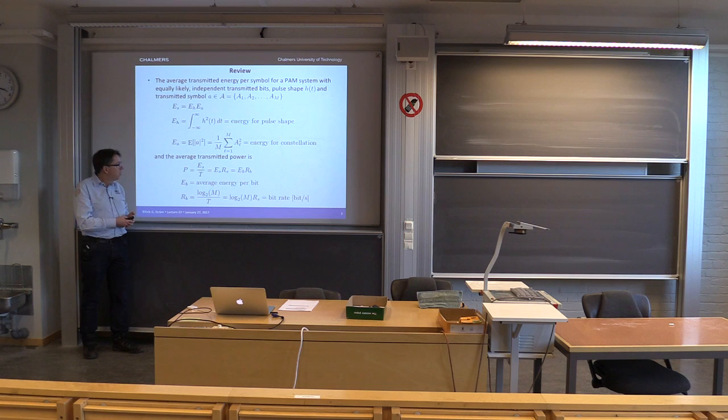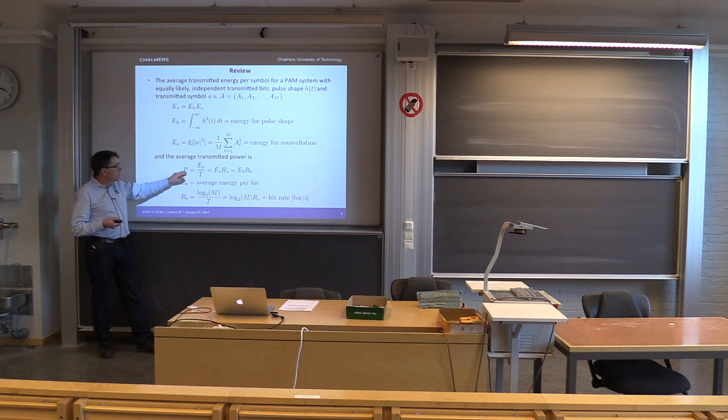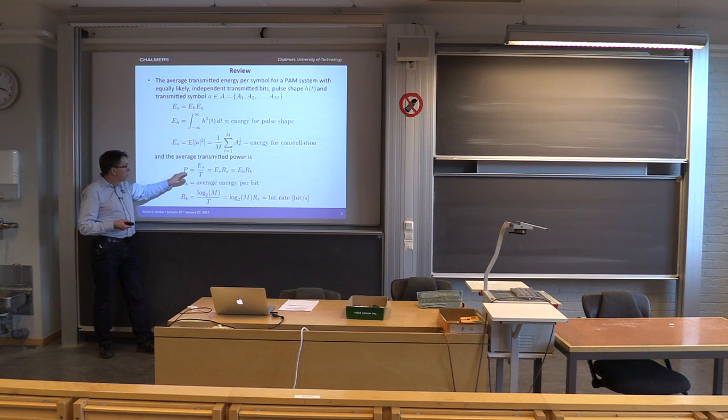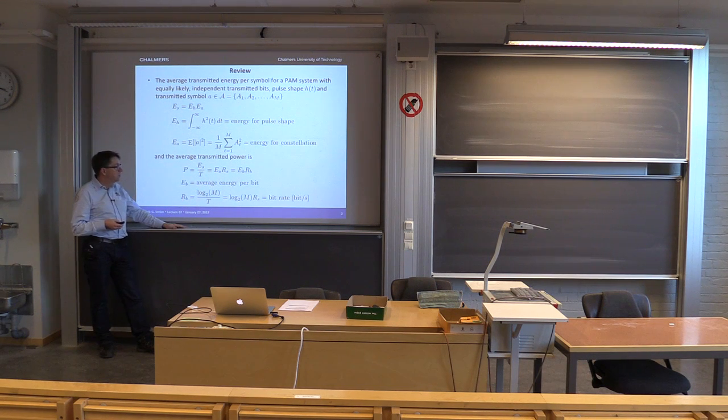Another way to say that is that the power is the energy per symbol multiplied with the rate for symbols, the symbol rate. So power increases if the energy per symbol increases. That makes sense. The power increases also if we are transmitting symbols faster, because then we are spending more energy per second. So hopefully this equation makes intuitive sense.